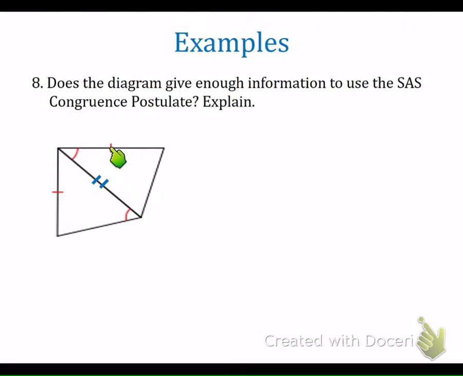So on the top triangle, you have side, angle, side, right? But on the bottom triangle, you have side, side, angle. So are they matching up? No. The order is not right. The angle that is congruent is not between the two sides.